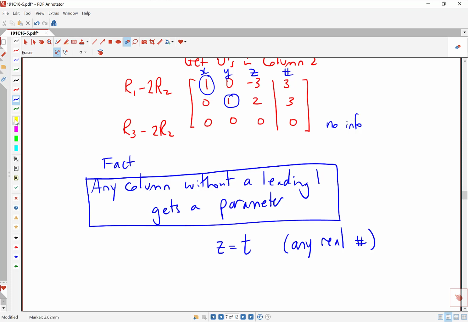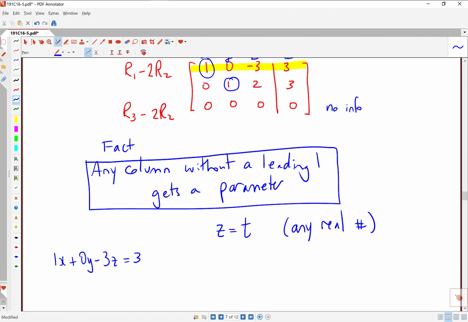So let's look up at our system here. Let's look at that first equation. If we translate that back into a statement about x, y, and z, that would say 1 times x plus 0 times y minus 3 times z equals 3. Okay, that's a bit of a long-winded way of writing it. Normally, we would just write x minus 3z equals 3.